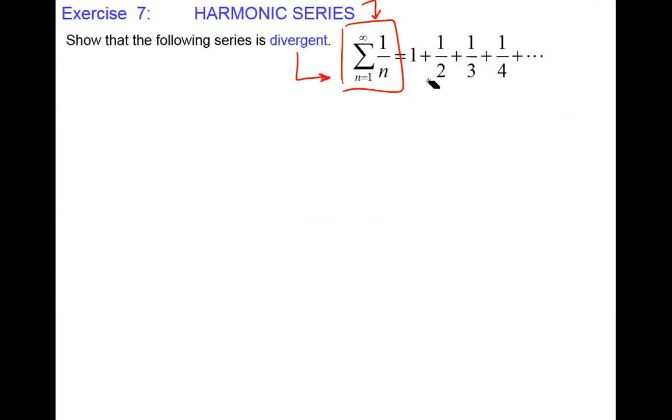And from looking at the sum, I will not know, because I'm adding 1 plus 1/2, which gives me 1.5. And then I will add 1/3, I will add 1/4. Let's see how the partial sums behave. Are they creating a finite number?